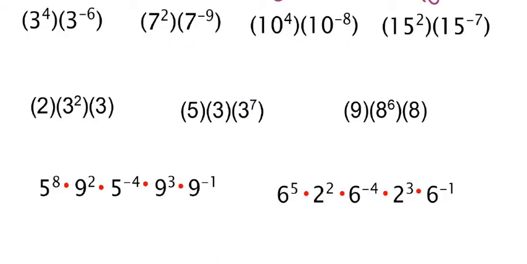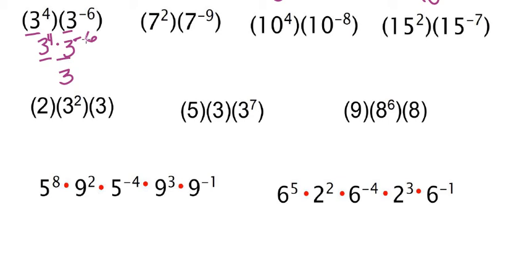All right, so here we have a situation where we have 3 as our common base, and some of us might get a little scared because you see parentheses here, but remember, parentheses are just another way to say that you're multiplying. So this says the exact same thing as 3 to the power of 4 times 3 to the power of negative 6. So here we've got our like base, so we know it's going to stay.